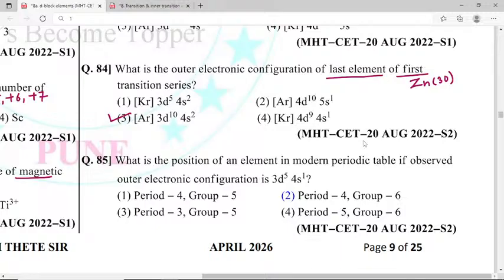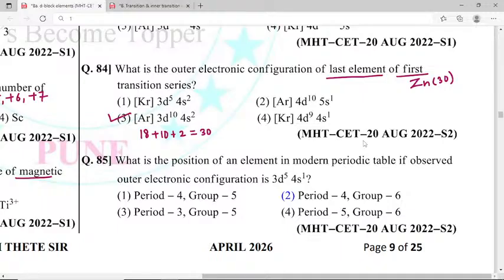Argon atomic number 18, plus 10 plus 2 becomes 30. So zinc has atomic number 30.